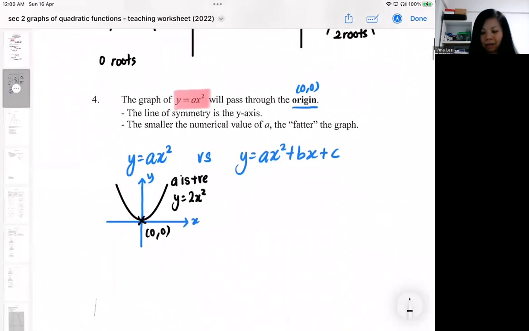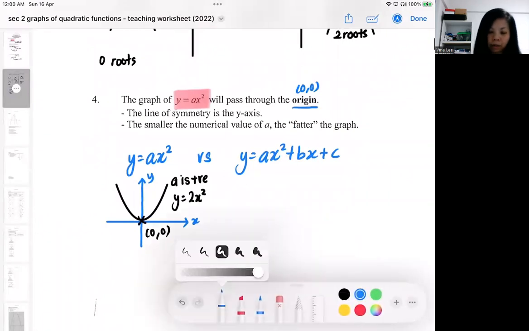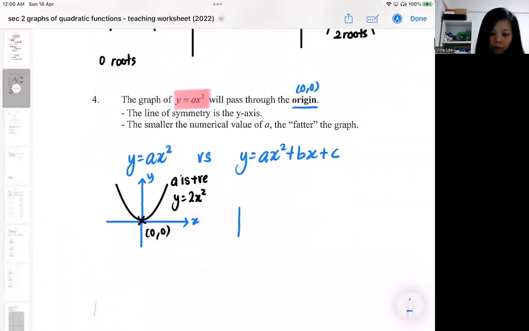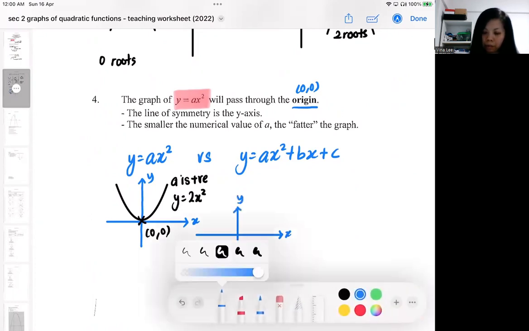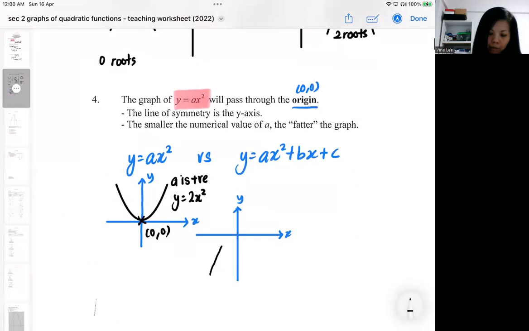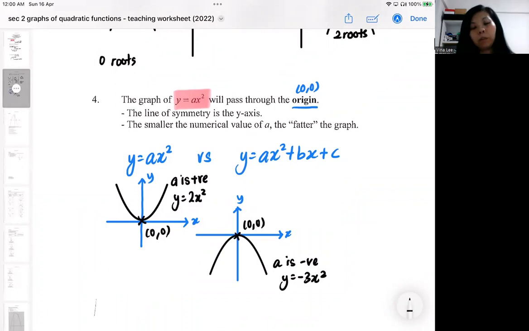But if a is negative, then you will be getting a sad face. So if a is negative, for example, I can have minus 3x squared. It will pass through the origin, but it will be a sad face.